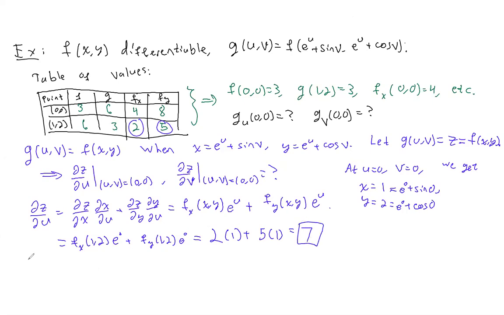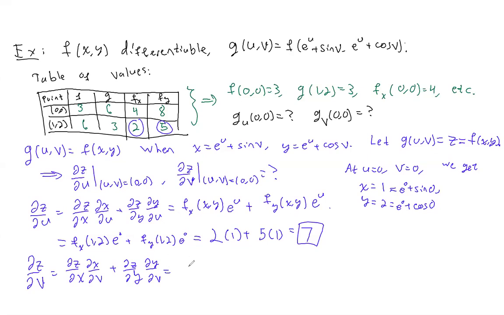And a similar thing will happen when we take del z, del v. That's going to be del z, del x, del x, del v, plus del z, del y, del y, del v.